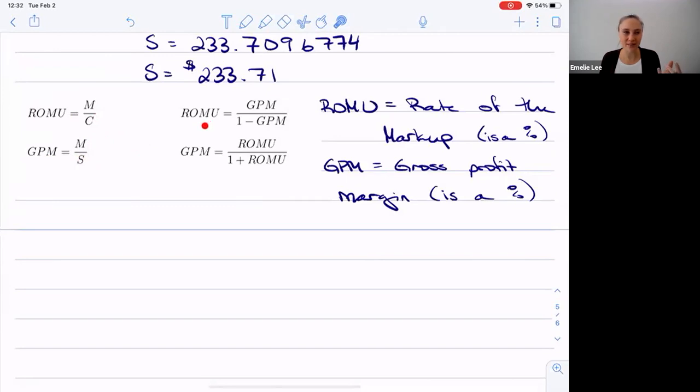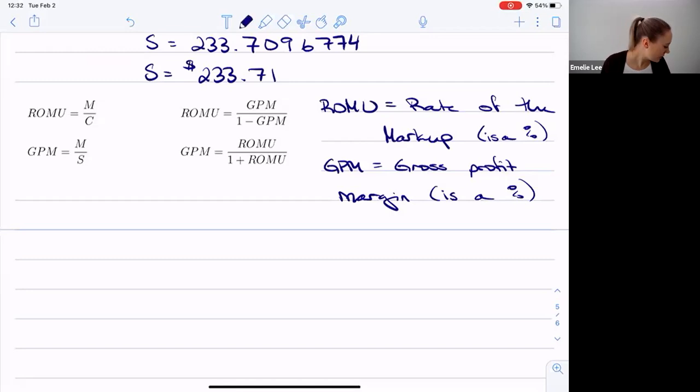Or, if I have M and S, then S is the cost plus M, right? So you need to be flexible and just scan your formula sheet for things that you can do. And remember it's not always going to be a one-step problem. Often it's going to be 2 or 3-step problems, right? So here, for example, if you have M and S, then remember that S is C plus M. So then implicitly you have C, and you could solve for the raw mu that way.